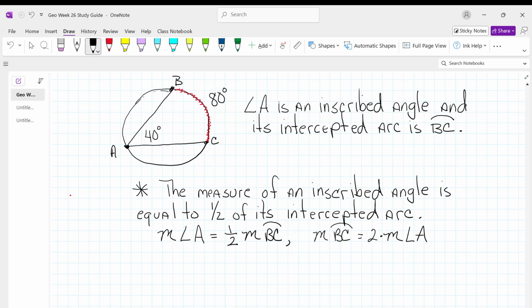Very good. The angle is half the measure of the arc. The arc is twice the measure of the angle.